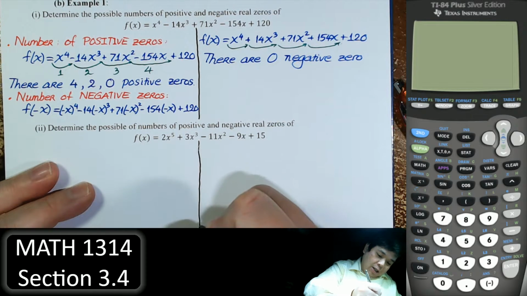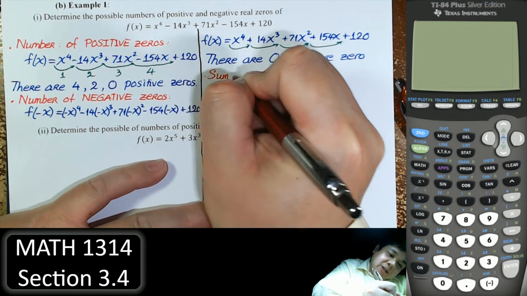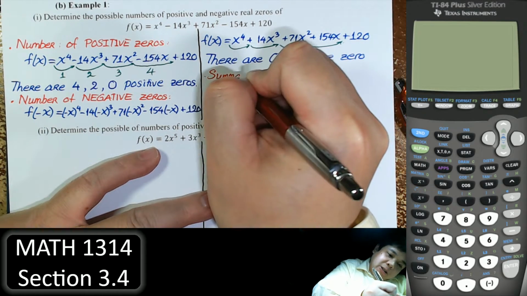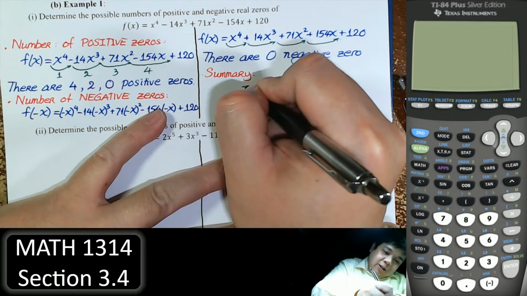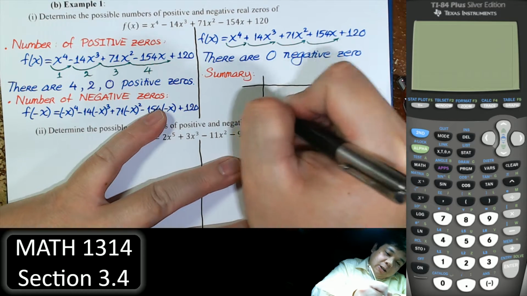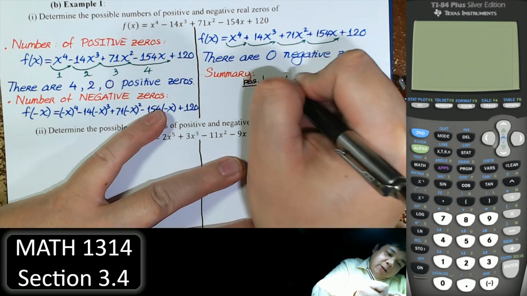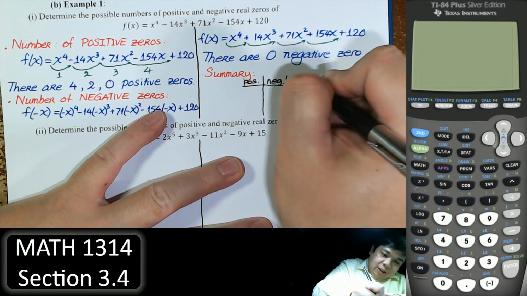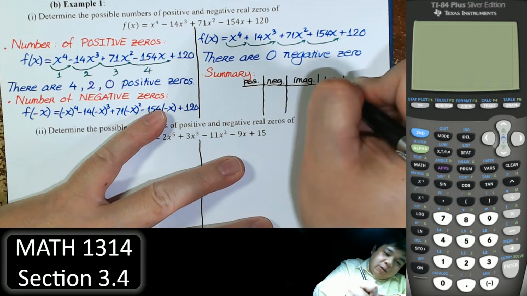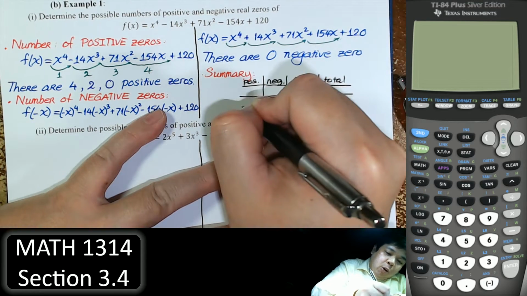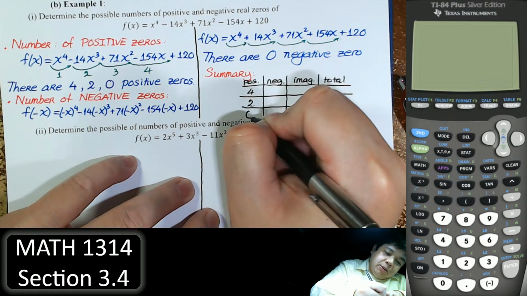Now, we can also write a nice summary here: the positive zeros, the negative zeros, and imaginary, and then the total. For positive zeros, we may have 4, 2, or 0.